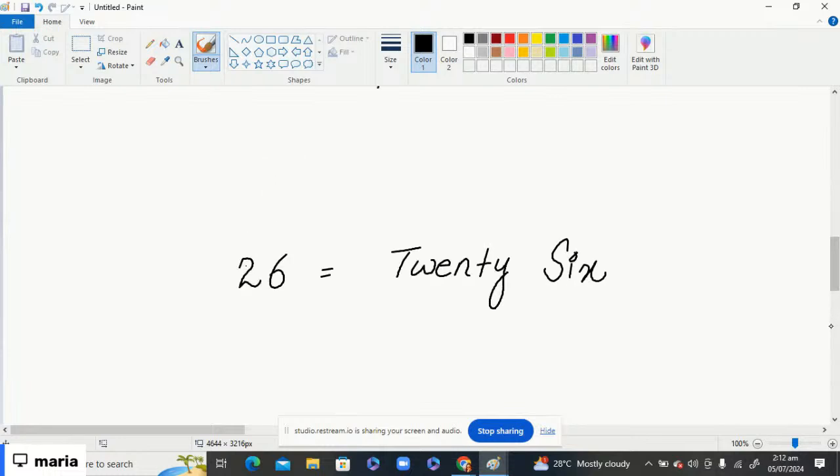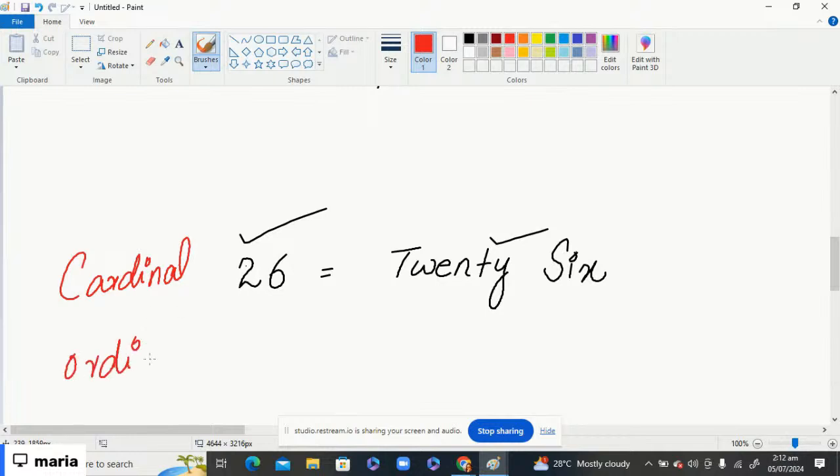And what are the cardinal numbers? Cardinal numbers, you are going to write it down simply like 13, like this one, 26. These are basically the cardinal. Okay, and what are ordinal? Ordinal is 26th.